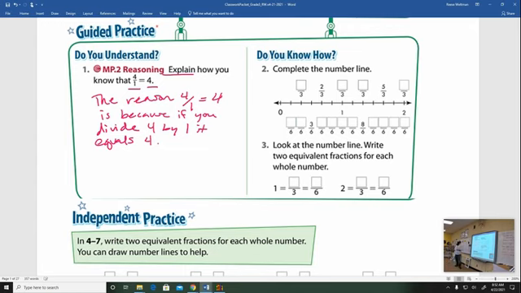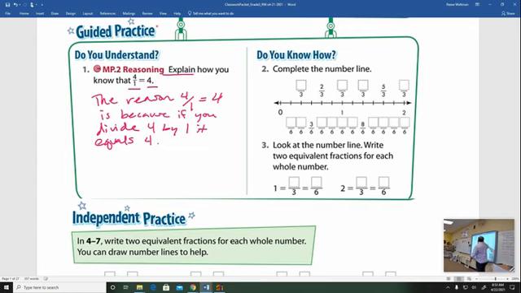And you don't want it to stay improper. You want to try to make it into either a whole number, a mixed number, or a proper fraction, right? And it will be either a whole number or a mixed number. But in all these, we're actually turning these improper fractions into whole numbers. So that's another hint for this section. They should all be whole numbers.